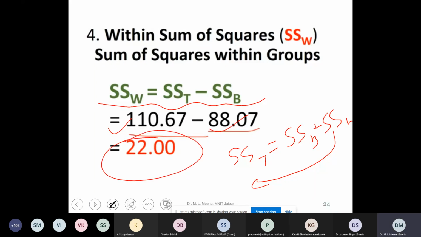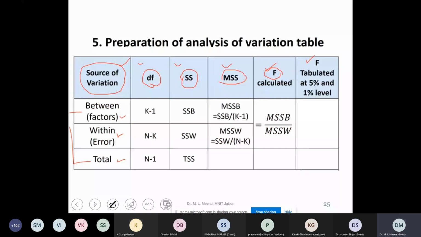Now the next step is to draw the one-way table. The first column shows the source of variation, the second the degree of freedom, the third the sum of squares, the next the mean sum of squares, and finally the calculated F value.